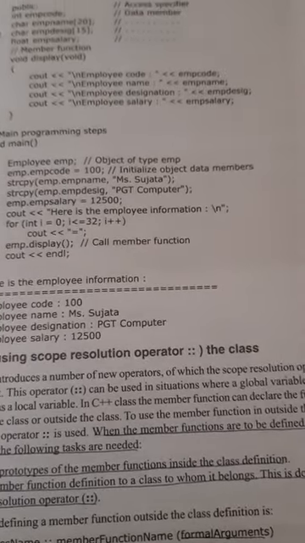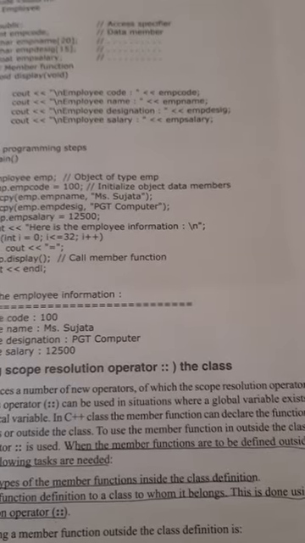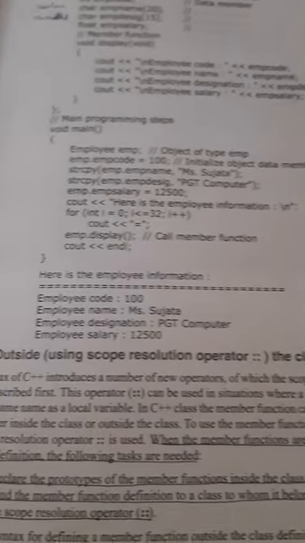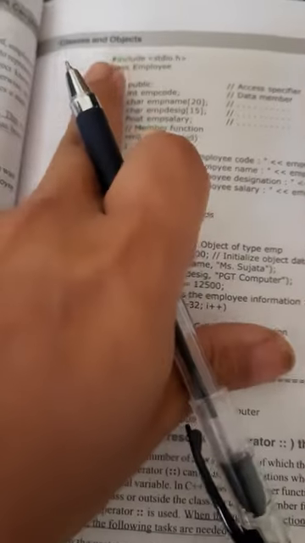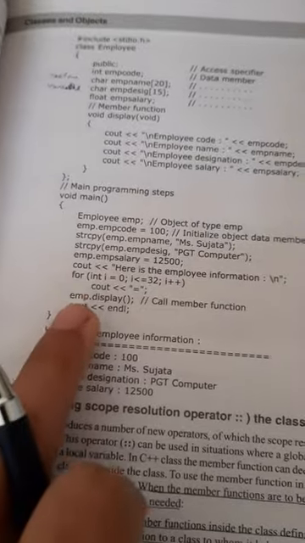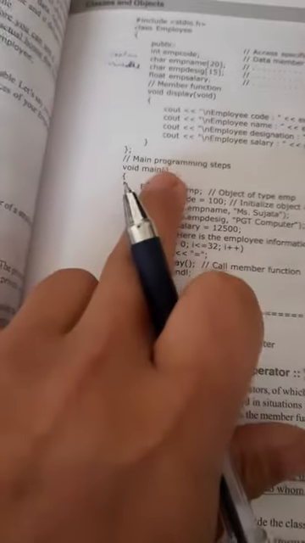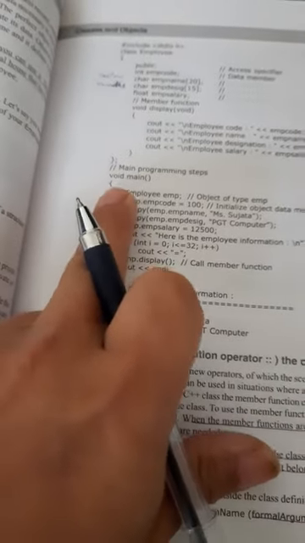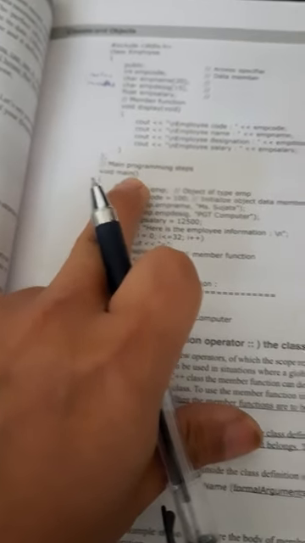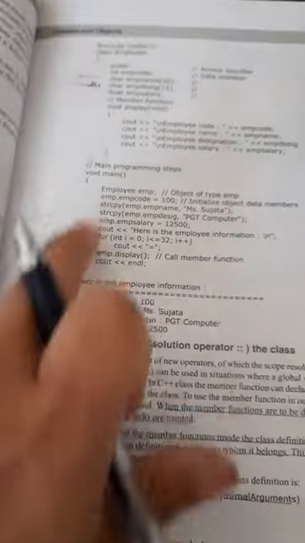So the syntax to declare an object uses the class name. This is from the next chapter, classes and objects. Here you can see that this is the main function. It is written much after the class declaration. Like I told you, the main function can be written anywhere: at the top, middle, or bottom.